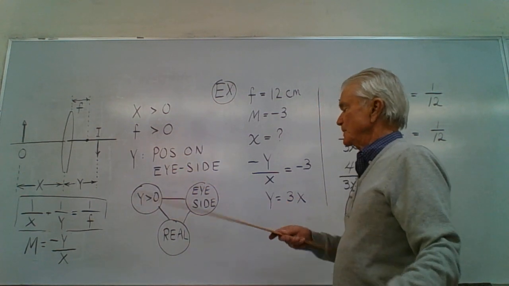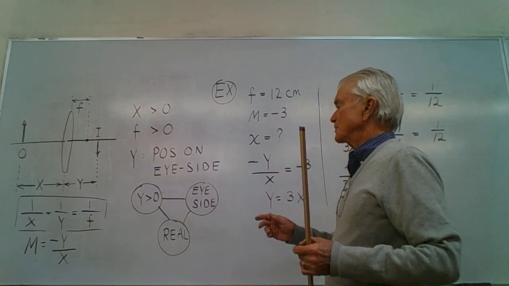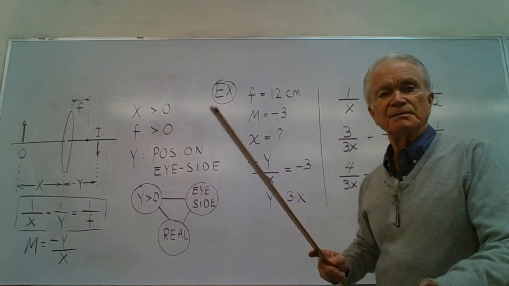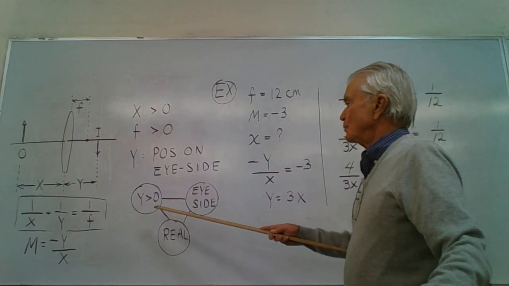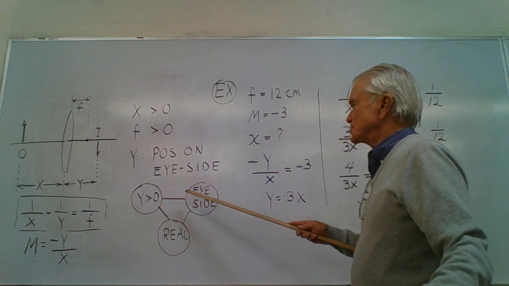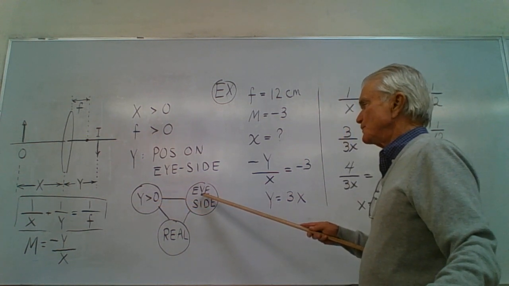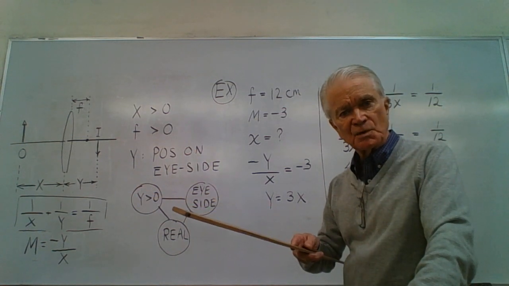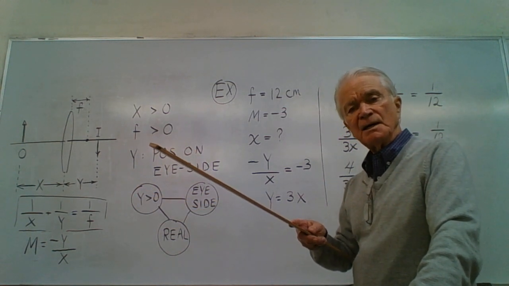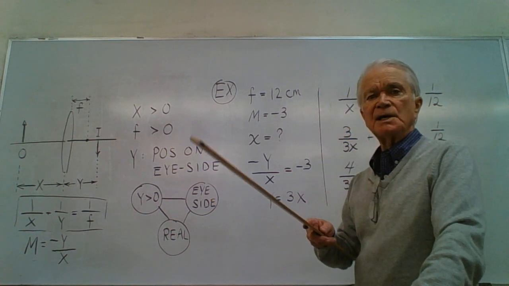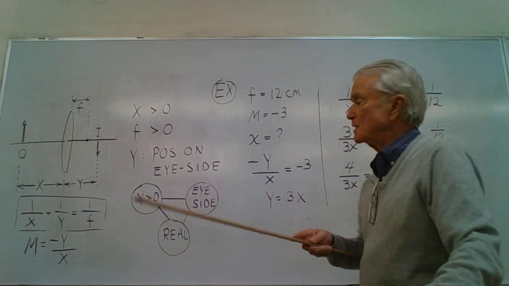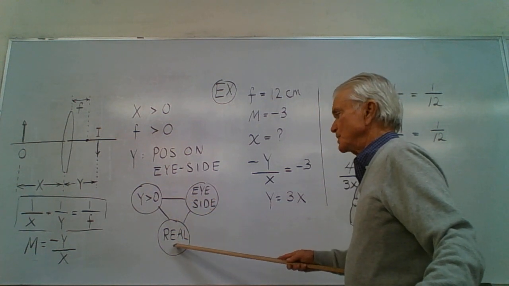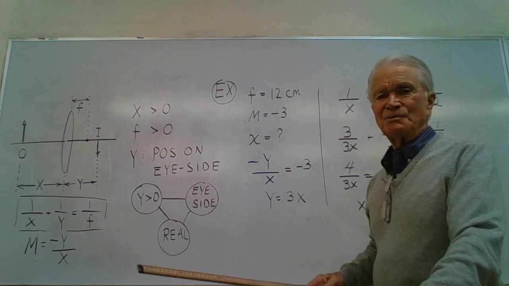And by the way, there are some important correspondences that I'd like to point out to you. I won't prove it just now. But if y is positive, then the image is on the I side. And if the image is on the I side, as was the case in the previous part where we had a ray diagram showing the location and orientation of an image, then the image is real as opposed to being not real.